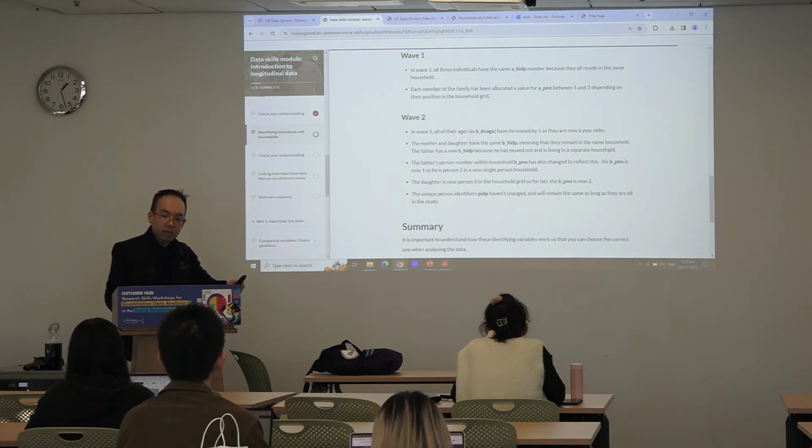That's what we can infer for now. The father's person number within the household also changed to reflect this, okay? He's the only person in the new household now. The daughter, now in the new household with her mother, is also changed. The unique person ID hasn't changed and remains the same as long as they are all in the study.